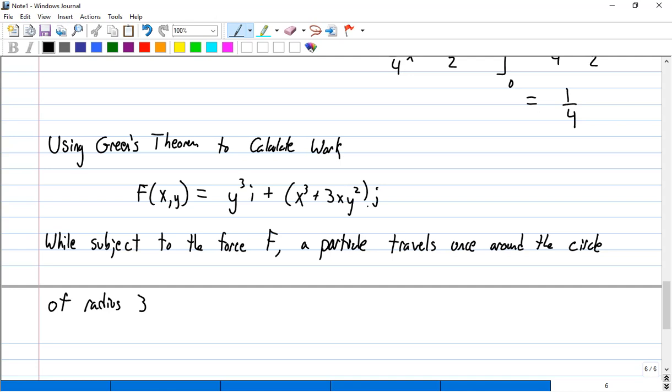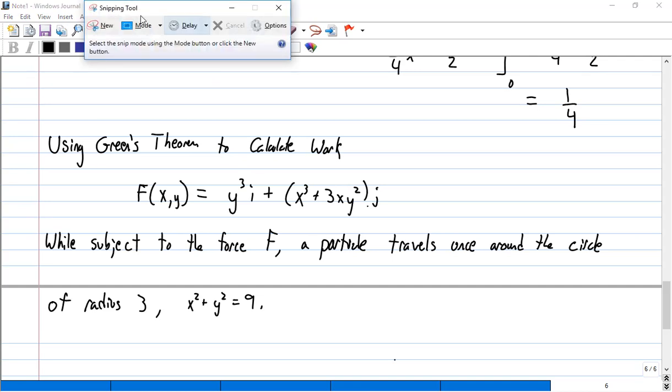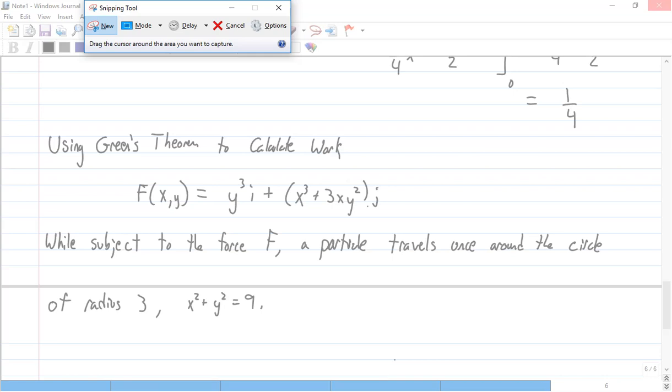And I'm going to give you the circle of radius 3. Now, the circle of radius 3 that we're looking at is x squared plus y squared equals 9. But I'll show you a picture, even though you should be able to picture that circle in your mind.